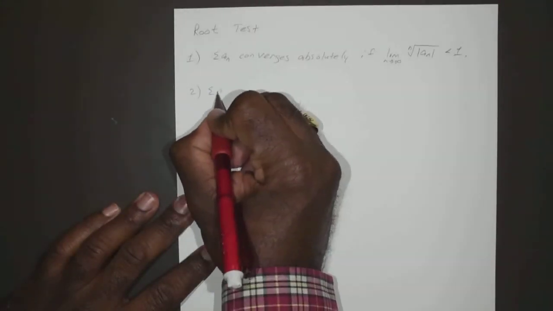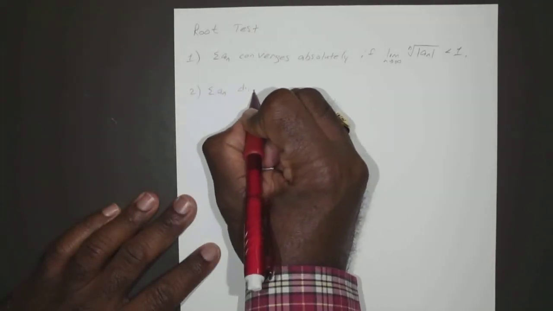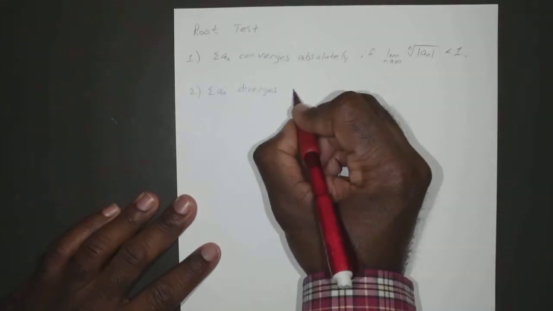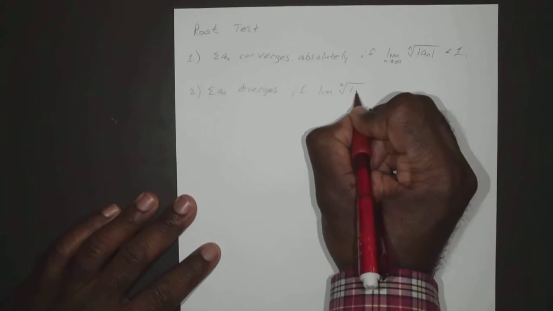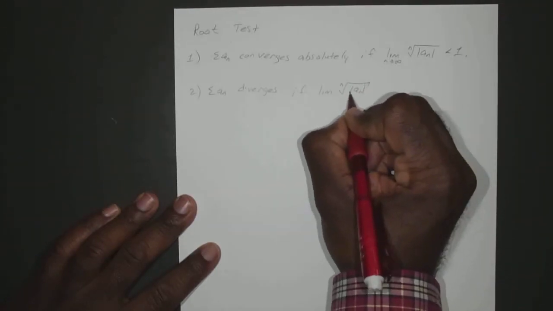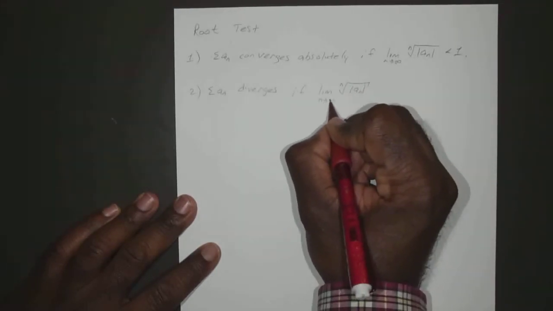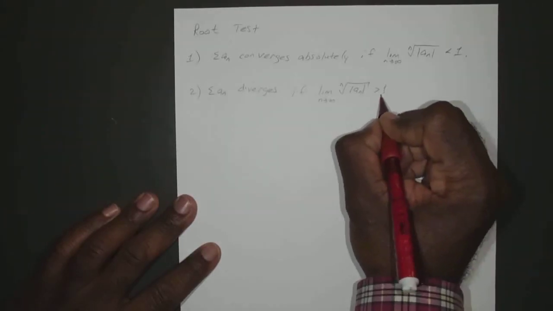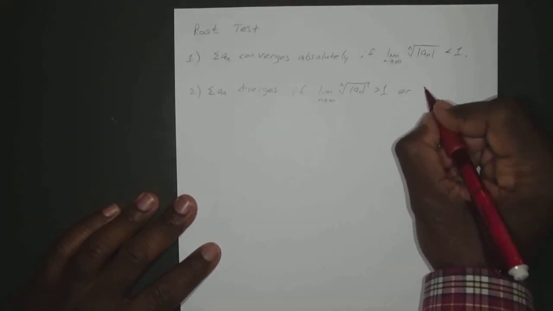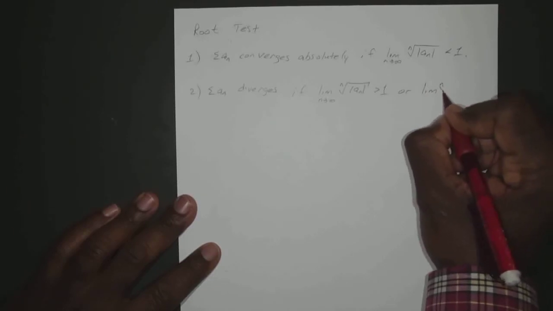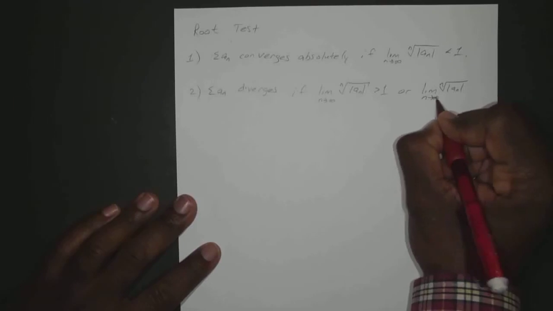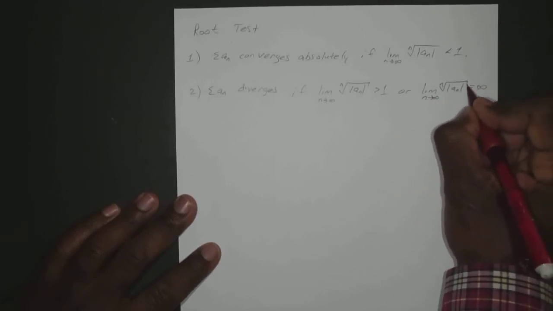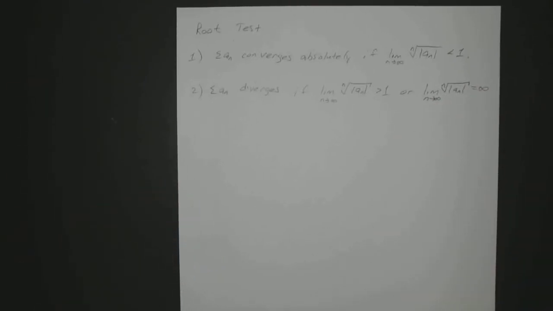Two, the series diverges if the limit of the nth root of the absolute value of A sub n as n approaches infinity is greater than 1 or is infinity. Okay. So far it's the exact same as the ratio test.